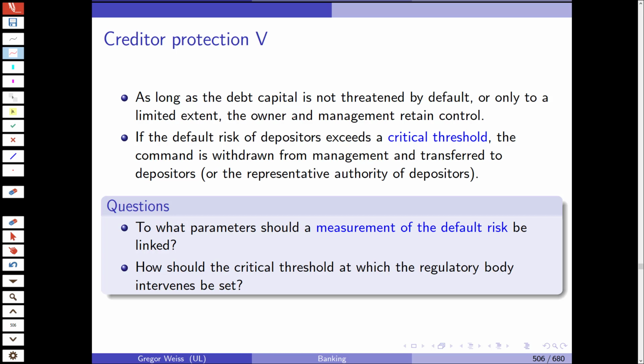So as long as the debt capital is not threatened by default, or only to a limited extent, the owners and management retain control of the bank.